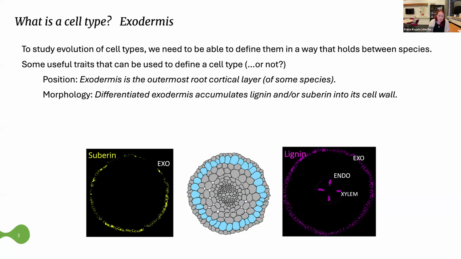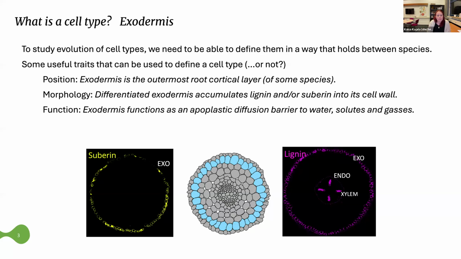Well, so does endodermis, so position together with morphology works to define these two cell types. But there also has to be a function: exodermis and endodermis function as apoplastic diffusion barriers to water, solutes, and gases.